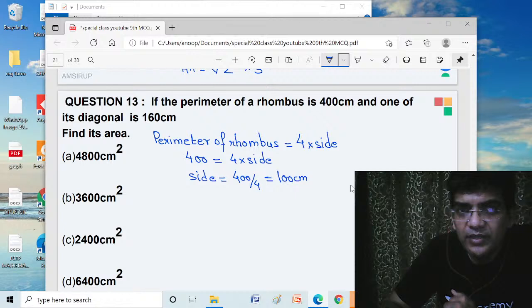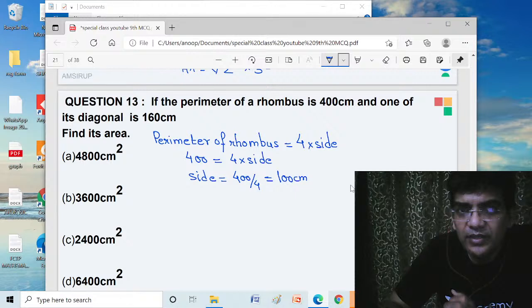In a rhombus all the sides are equal, so the sides are 100, 100, 100 and 100. Now one of the diagonals is given, so let us consider this diagonal is given to us. The diagonal is 160.